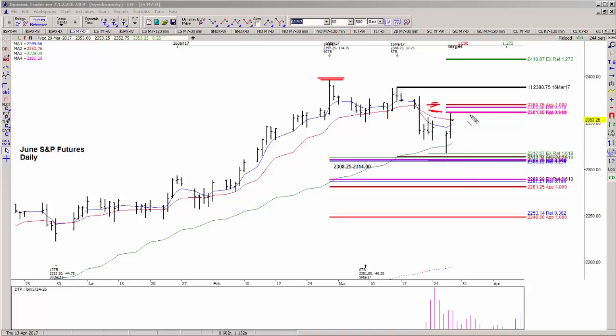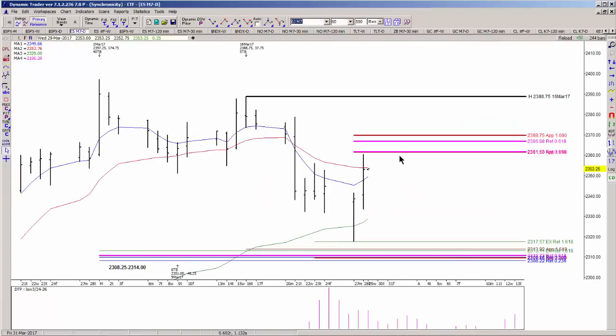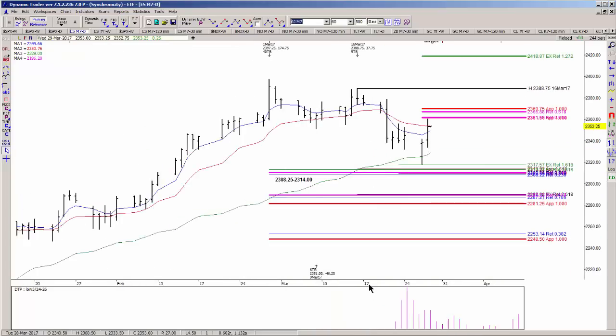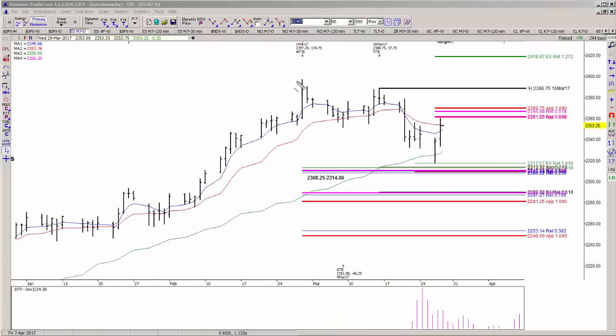So this is kind of like the last ditch resistance that we're coming into here. The areas come in at looks like 2361.5 to 2375, and then, let's say, 2366.75 to 2369.75. So like I said, if this high is more important, then we should start to see a failure around here.